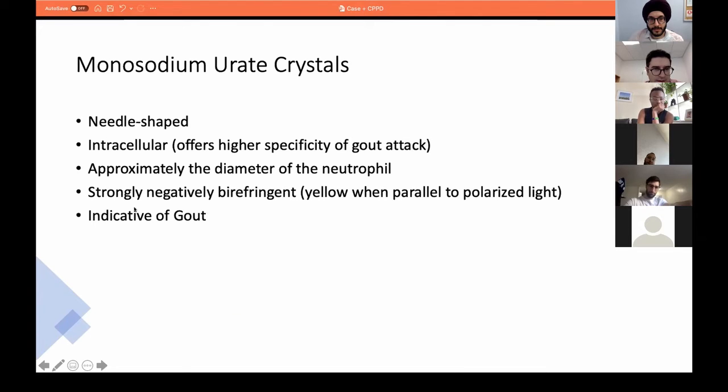And what about this one? That's gout. You have negatively birefringent needles, but you also have positive ones because they are blue. You have yellow and blue ones. Exactly.